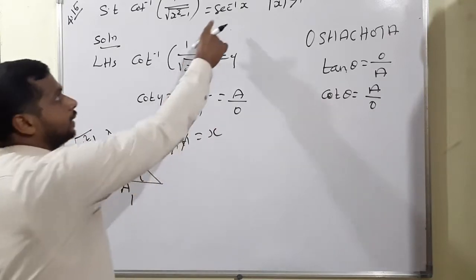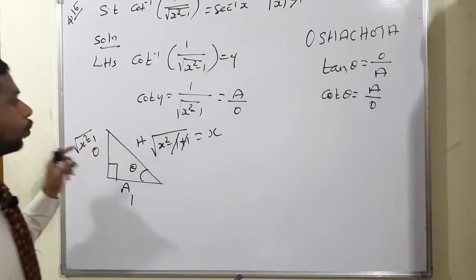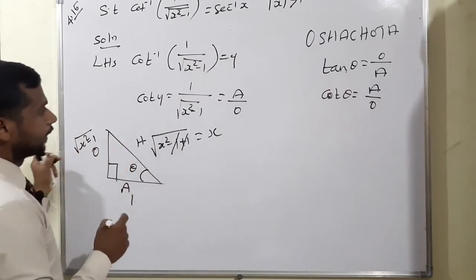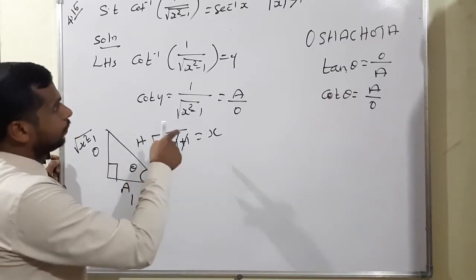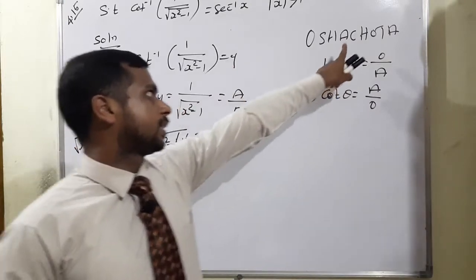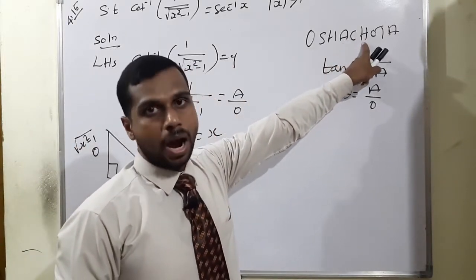We need secant inverse, isn't it? So this is cot y. We need secant inverse, which means the reciprocal of cos. Already we know cos theta is adjacent divided by hypotenuse.